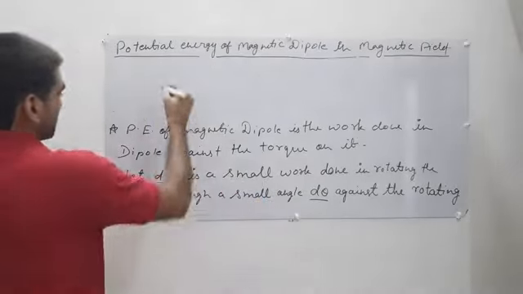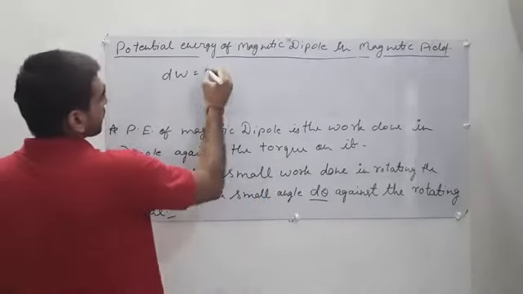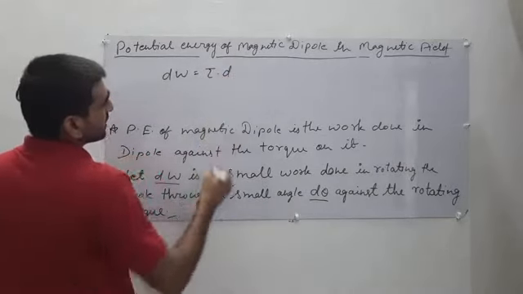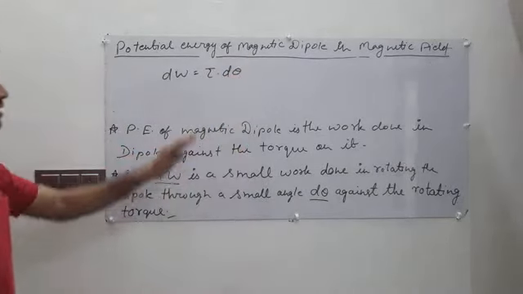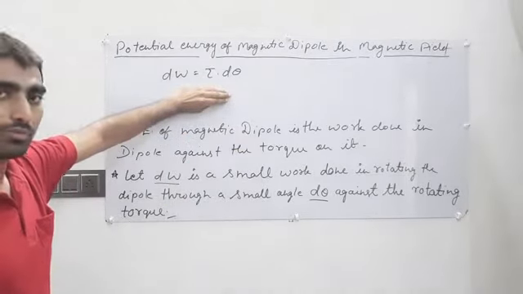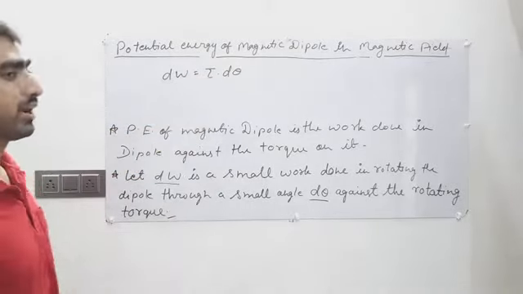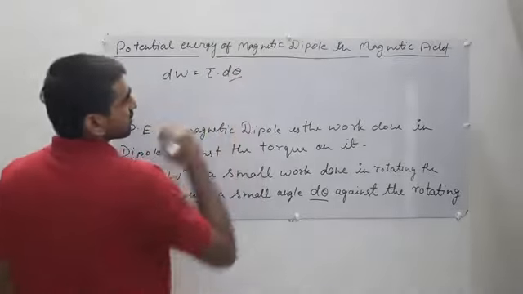That means dW equals tau into d theta. This is our small work done on the dipole when we move it against the torque by an angle d theta.